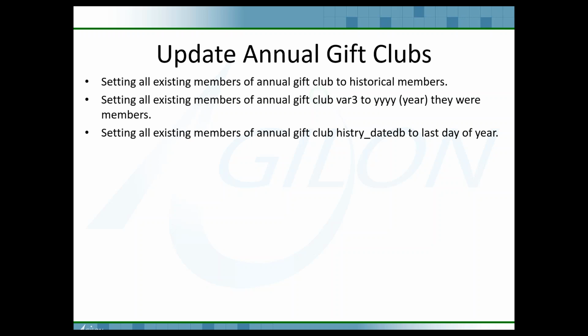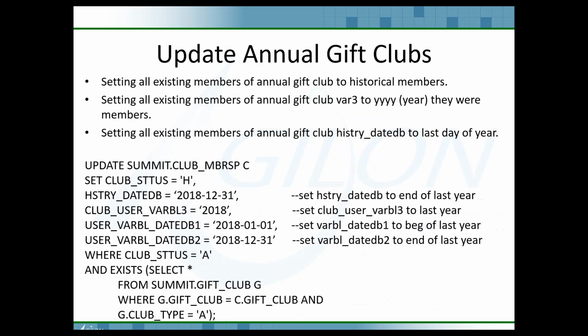And I'm going to show you a script. Don't be scared. It's going to be okay. I can walk you through this, but it looks a little bit scary. So we're going to update that gift club membership. We're going to set those gift clubs to historical, and then we're going to change the dates to 2018.